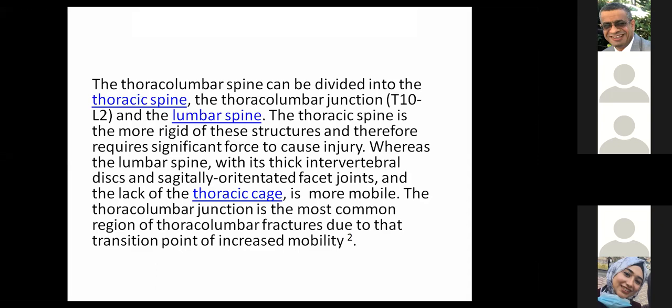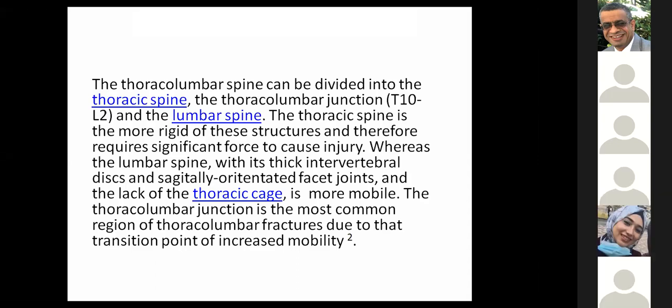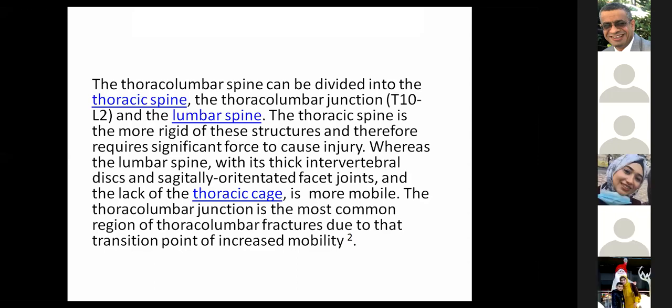The thoracolumbar spine can be divided into the thoracic spine, the thoracolumbar junction from T10 to L2, and the lumbar spine.